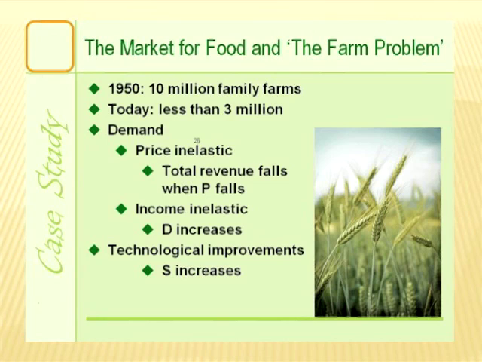As a result, if you grow more and more, you don't make a lot more money. If you grow less and less, you still don't make a whole lot more money. And so farmers find themselves always having to struggle to increase their total revenue. It doesn't change much no matter whether the price falls or rises.